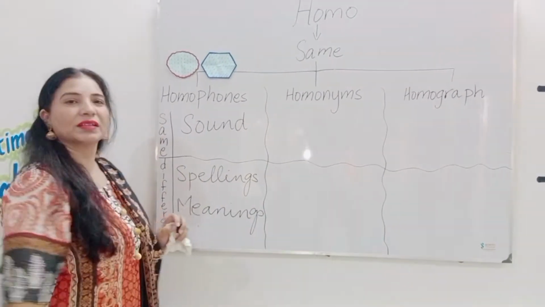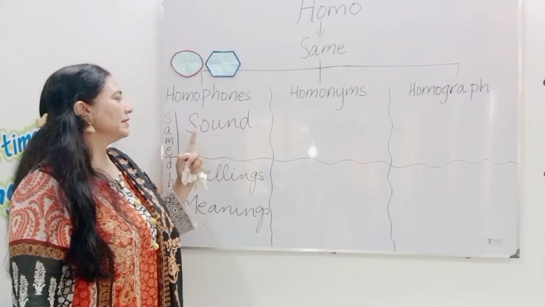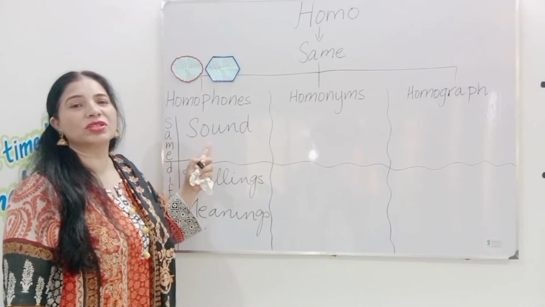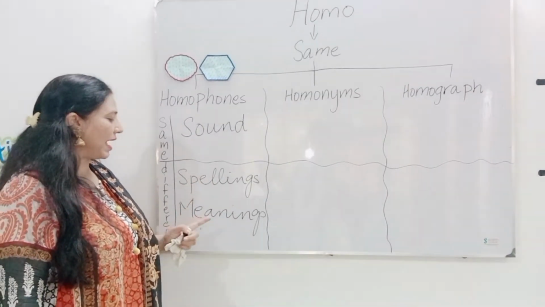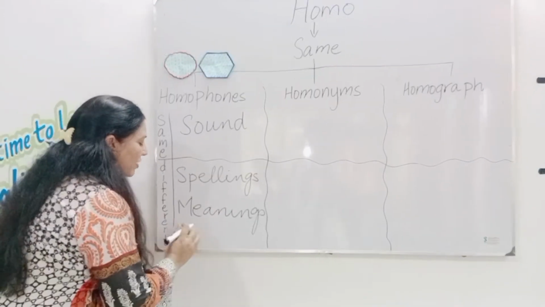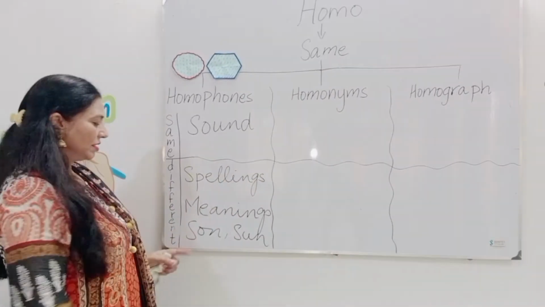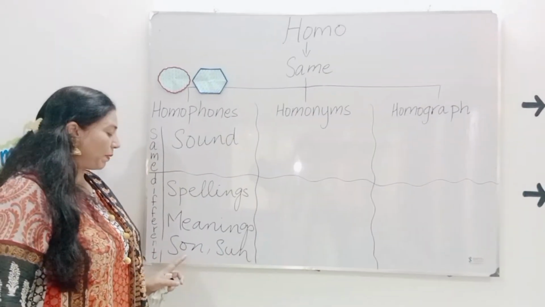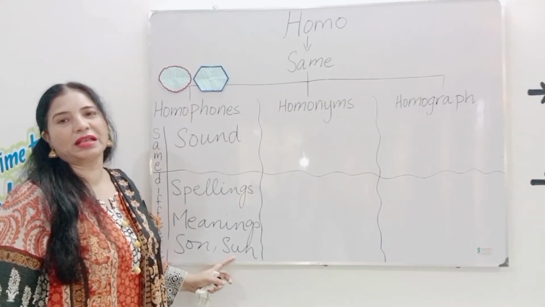So such a pair of words are called homophones that have the same sound, the same pronunciation, but their spellings and their meanings are different. For example, we say sun or son. The pronunciation of this pair is the same, but their spelling and their meanings are always different.